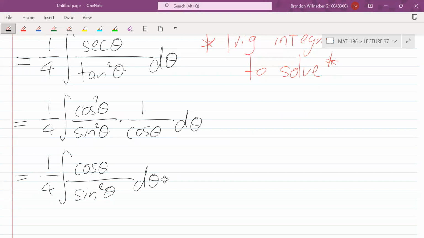Which is good, because if we do a u substitution with u equals sine theta, then du will be cos theta d theta, which is at the top. So on the side here, we just do a little u substitution. U is equal to sine theta. Du will be cos theta d theta.